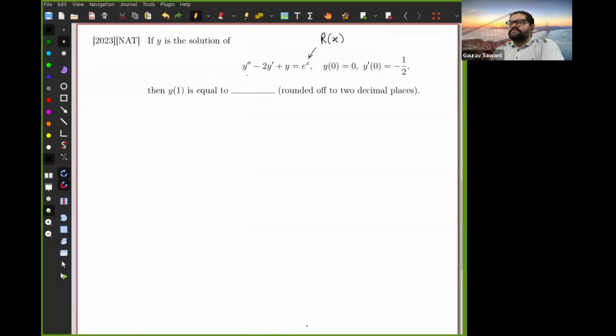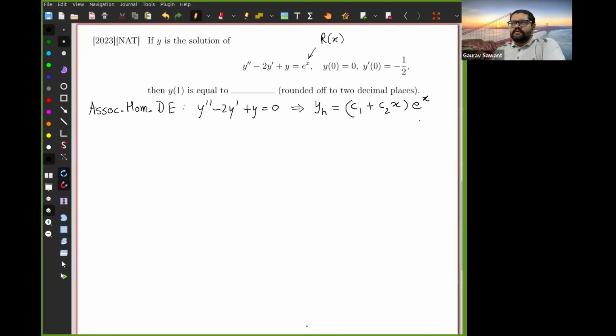Okay. If we look at the associated homogeneous equation, y double dash minus 2y dash plus y equal to 0, you can easily see that the auxiliary polynomial has r equal to 1 as the repeating root, and therefore the homogeneous solution is going to be of the form (c1 plus c2x) times e^x.